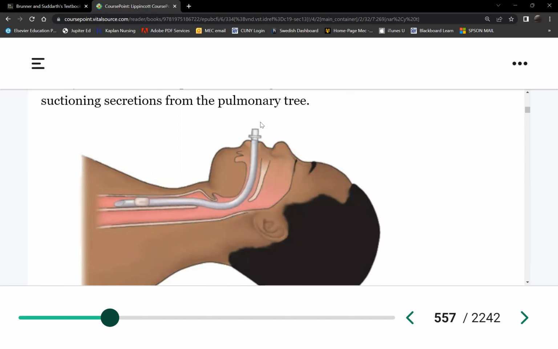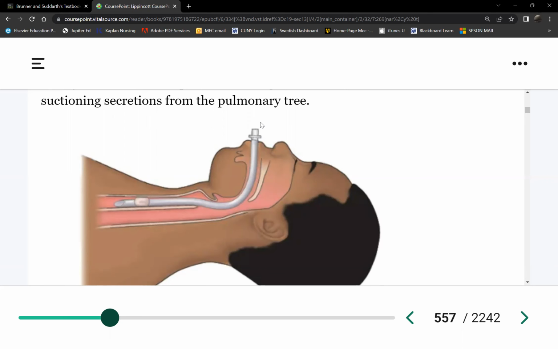It will stimulate secretions. So saliva will increase, mucus will increase, right? So will there be increased secretions while the tube is in the airway? Yes. So do we need to ensure patency? How do we accomplish that? Suctioning. Okay. So number 1 is ensuring a patent airway.